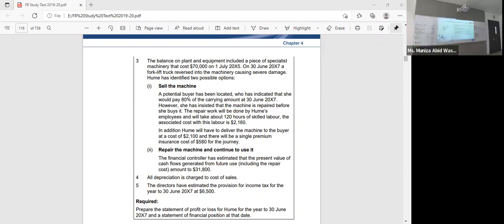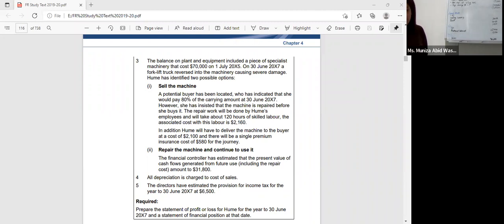On 30th June 2007, a forklift truck reversed into the machinery, causing severe damage. When this event has happened, it is going to give us an indication that impairment might occur. So at the same moment, when there is an indicator of impairment, we have to compare carrying value and recoverable amount. So two options are there: sell the machine or repair the machine and continue to use it. Selling the machine gives us the fair value less cost to sell, NRV, and repairing the machine and continuing to use it will give us the value in use.